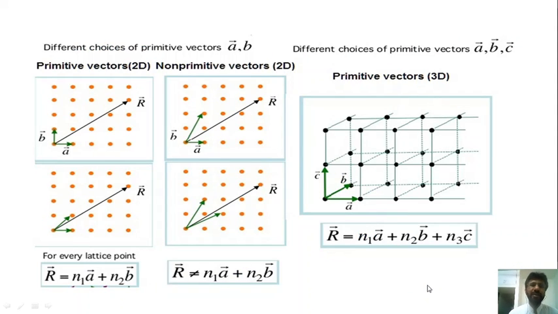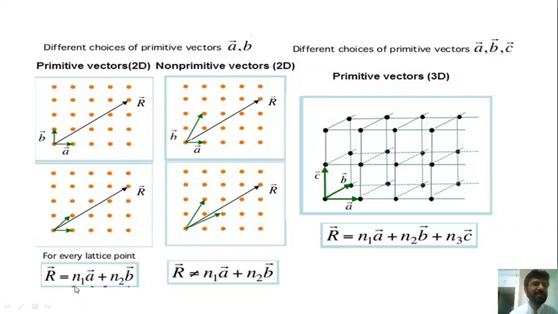Now in this figure, we can see the two-dimensional primitive translation vectors. Here vector A and vector B are the primitive translation vectors which satisfy this condition.